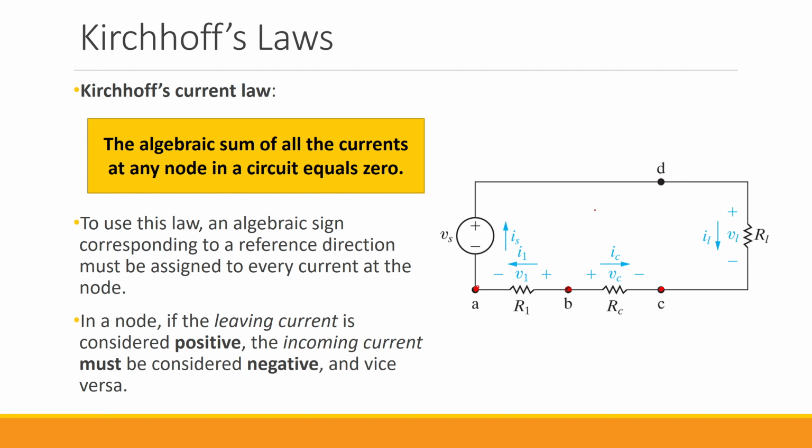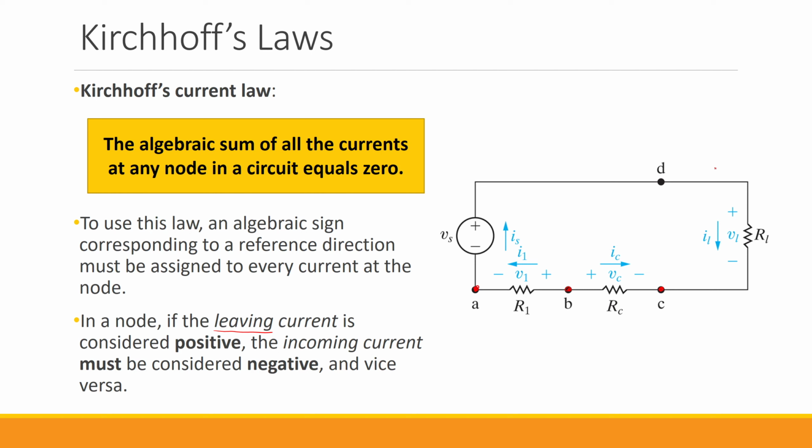The convention that I'm going to use here is that in a node, if we consider the leaving current to have a positive sign, the incoming current must be considered negative, and vice versa.